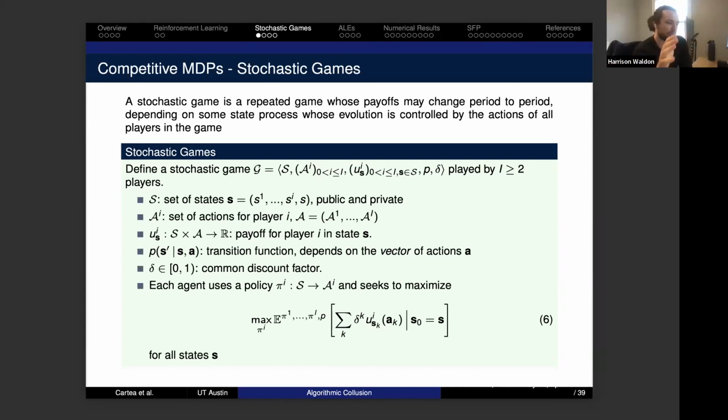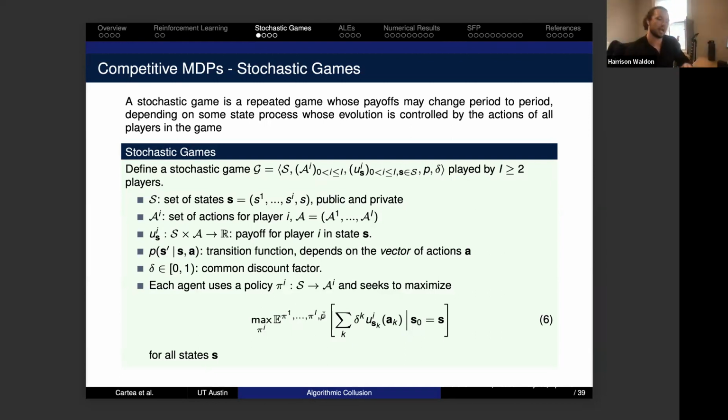Actions, payoffs, and the transition functions are defined similarly, where each quantity depends on the actions of all agents in the system. So the goal of each agent is then to maximize expected discounted wealth or expected discounted utility. But now the dynamics of the state process are determined by all agents. So this expectation is taken with respect to the policies of all agents, although the policies of the other agents are unknown to agent i.